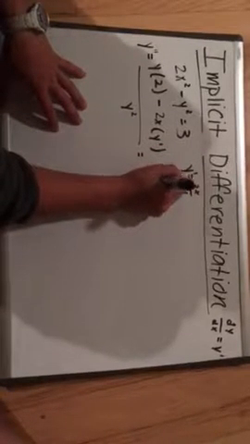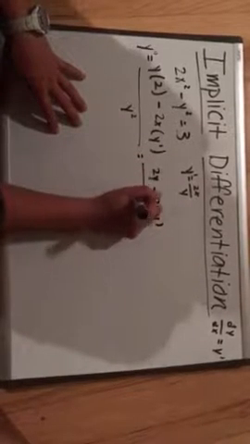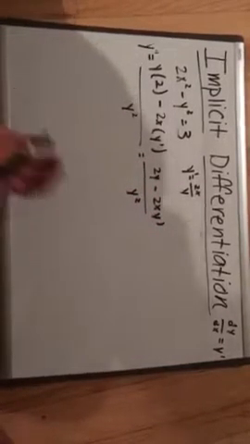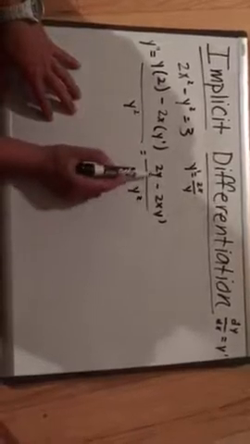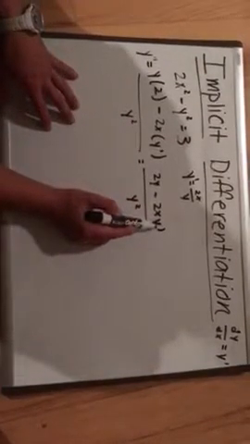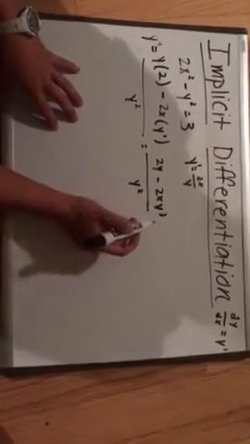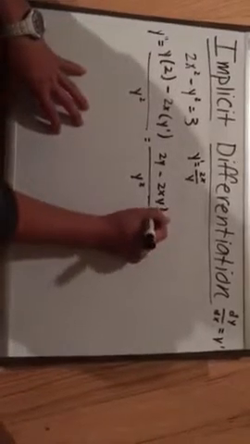Just going to factor all of these out. Y prime all over y squared. We seem to be stuck. However, even though we don't know what y equals or what x equals, we do know what y prime equals. It equals 2x over y. We can now substitute 2x over y in for y prime.